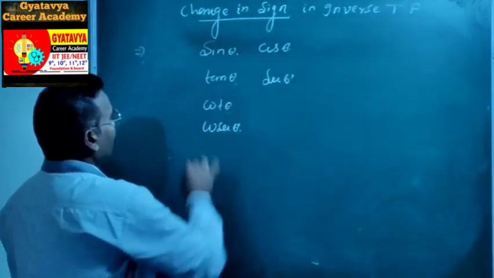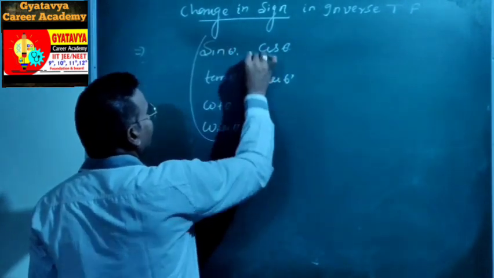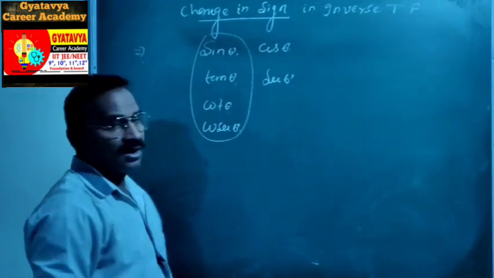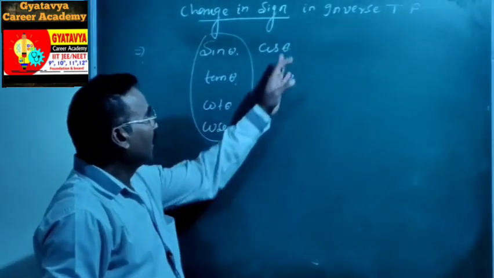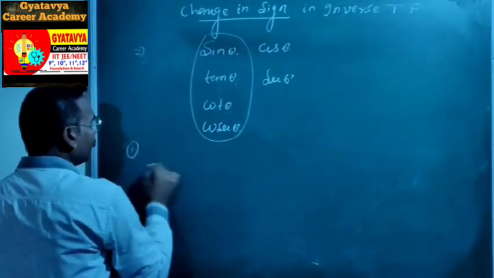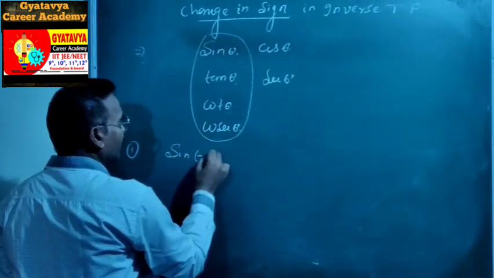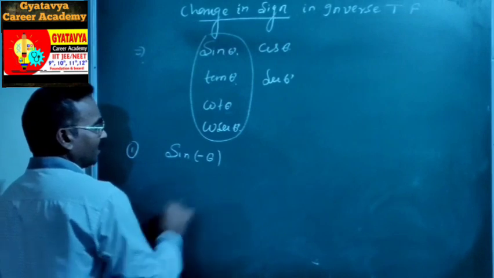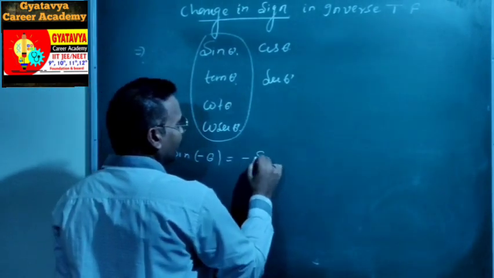Okay, these are the odd functions and these are the even functions. So come to sin of minus theta. What is the value of sin of minus theta? Equal to minus sin theta.